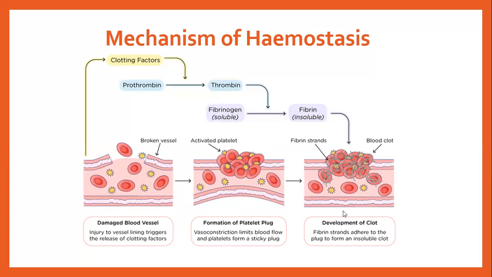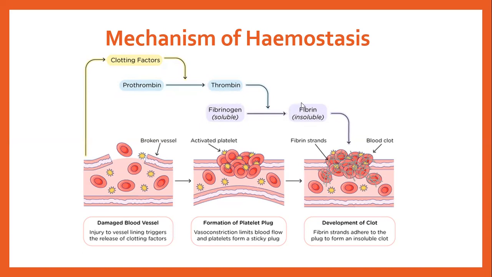Then comes the coagulation of the clot, or the blood clotting factors. In this step, with the help of different clotting factors being activated, there is a formation of prothrombin. This prothrombin activates what? The thrombin. This thrombin then converts the soluble fibrinogen to insoluble fibrin.